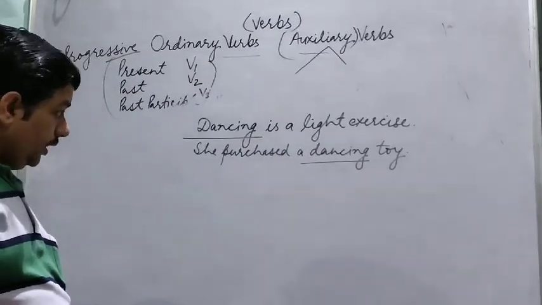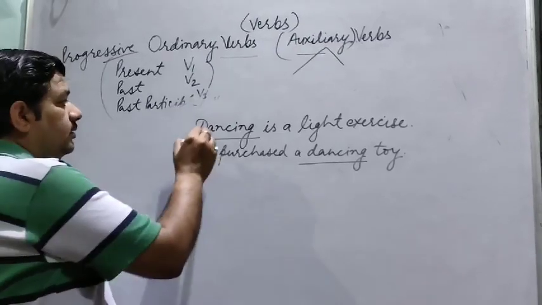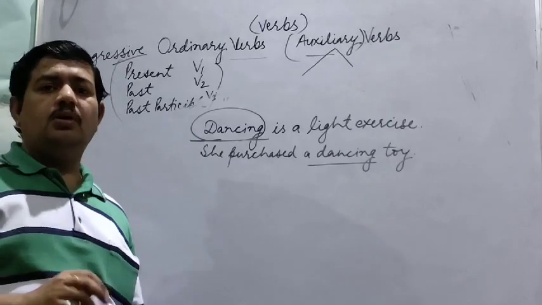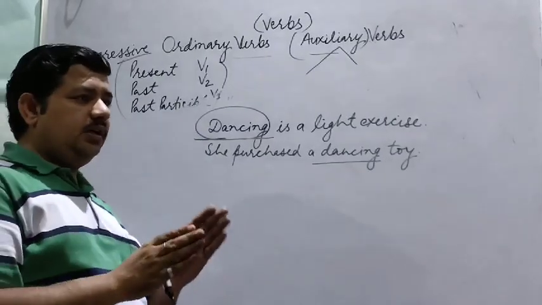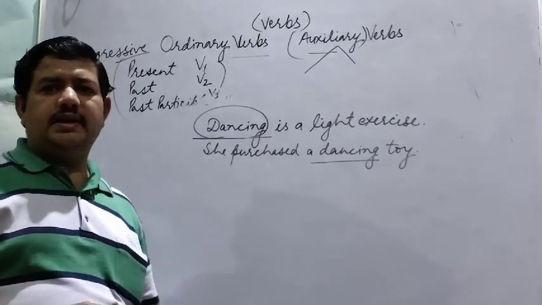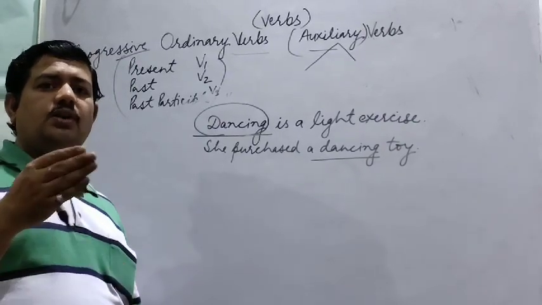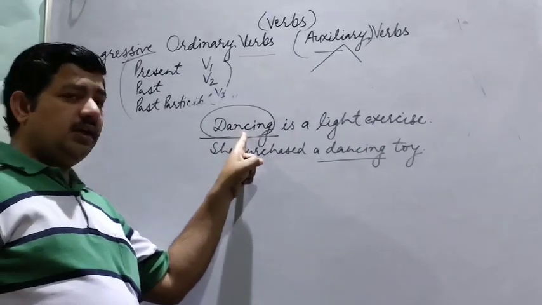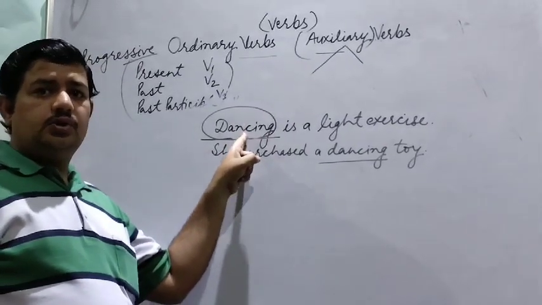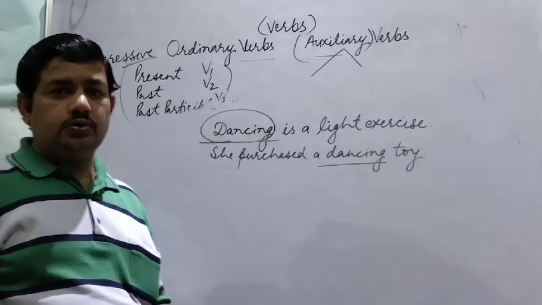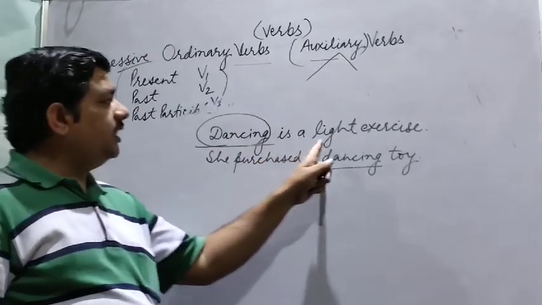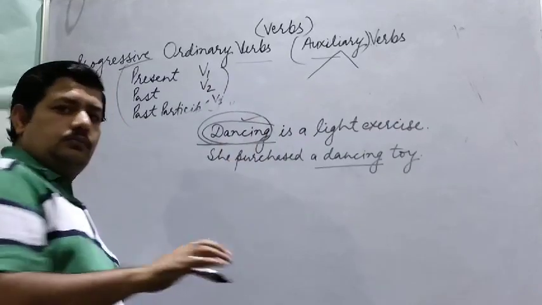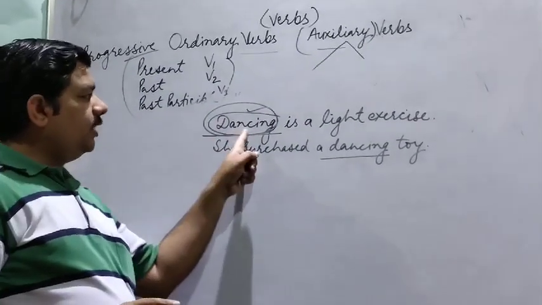Listen, I told you gerund is also used as a verbal noun. Verbal noun means a gerund is used as a subject or an object, and it refers not only to the activity but also does the work of a subject. See here, dancing is a light exercise. It does not mean that the activity is going on; it means it's a kind of activity.